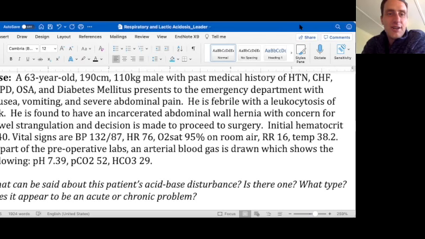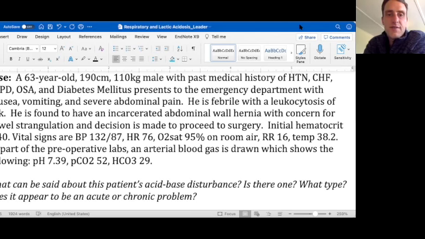A 63-year-old, 110 kilo male with a past medical history of hypertension, CHF, COPD, obstructive sleep apnea, and diabetes presents to the emergency department with nausea, vomiting, and severe abdominal pain. He is febrile with a leukocytosis of 17,000.